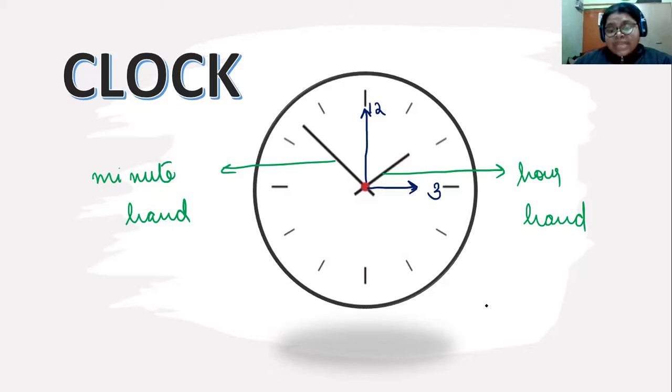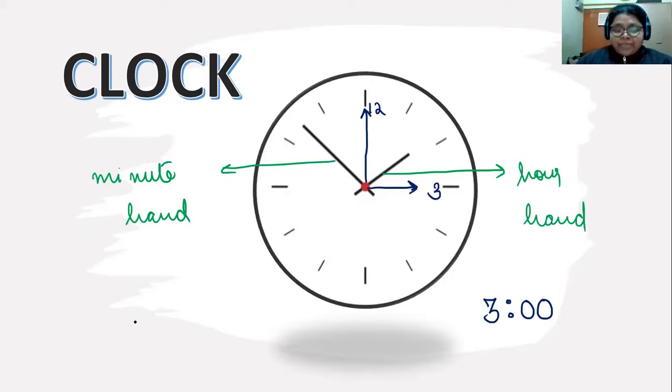So we write time like this, 3 o'clock. Whether it is AM and PM, that will be decided upon the duration or at what time are we telling. So this is 3.